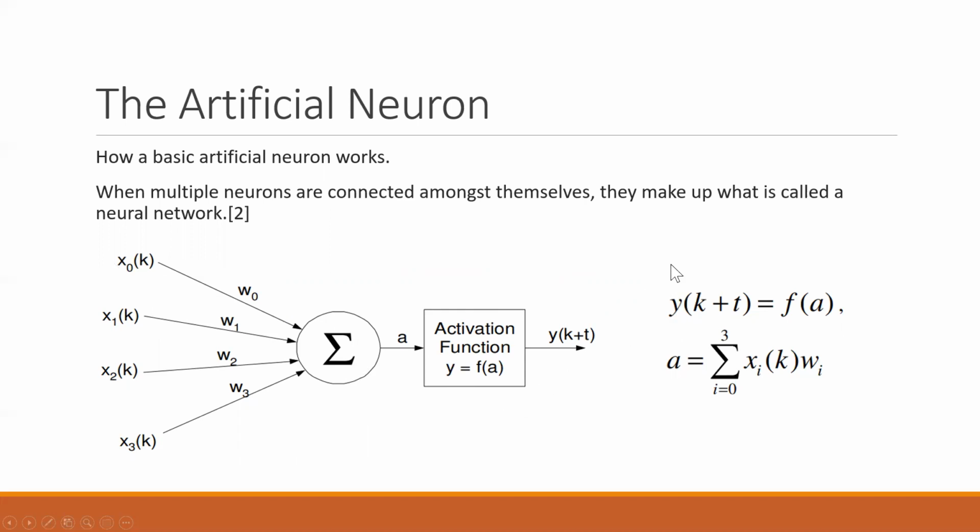A mathematical model of this is shown right here, where A equals the sum of all the inputs and their weights, and Y equals the activation function applied to the input sum.